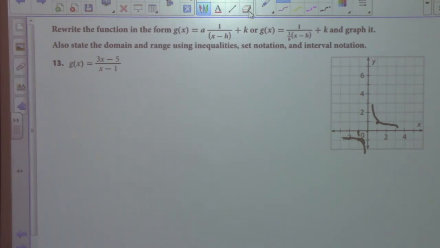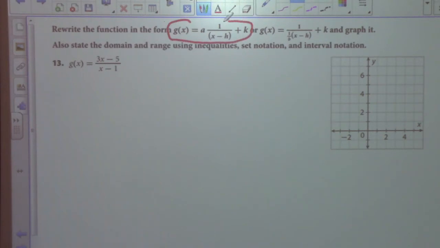And so what we have in problems 13, 14, 15, and 16 is a quotient of two linear binomials given as a function. It says to rewrite the function in this form here, and we're going to rewrite all of them in this form.